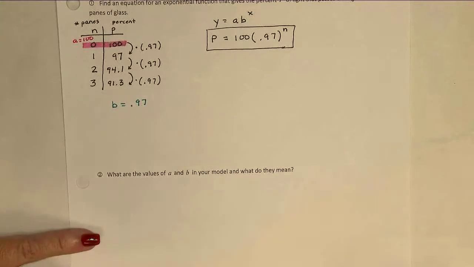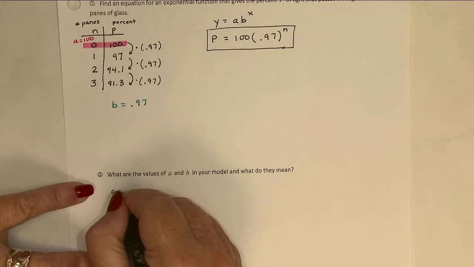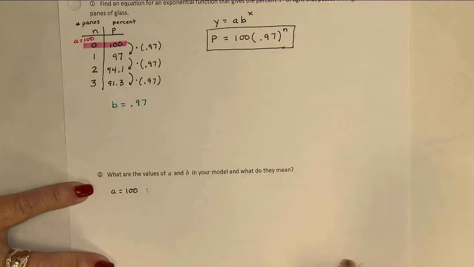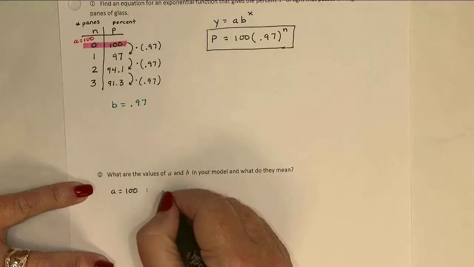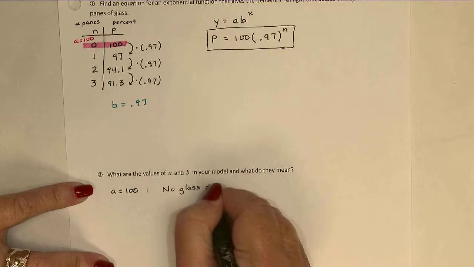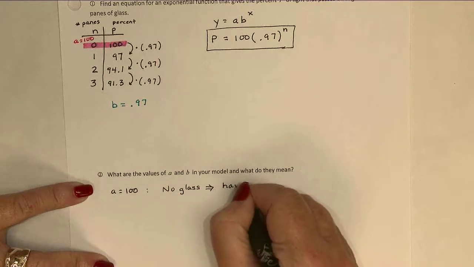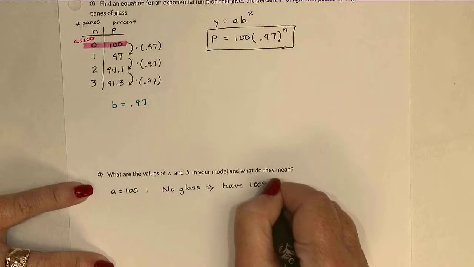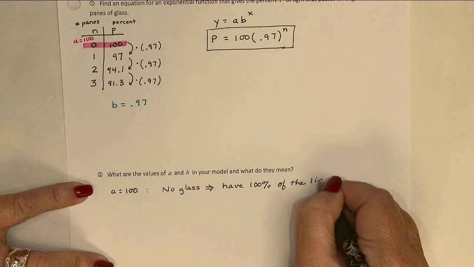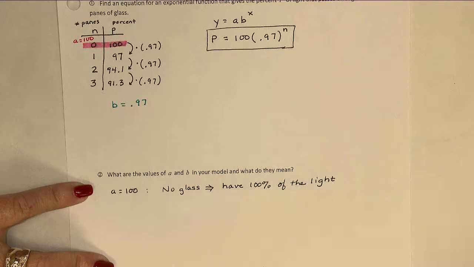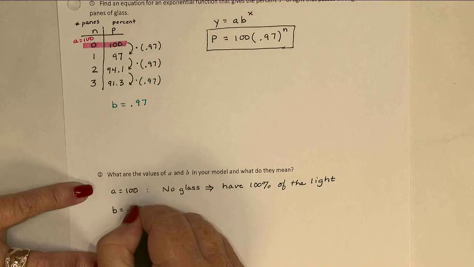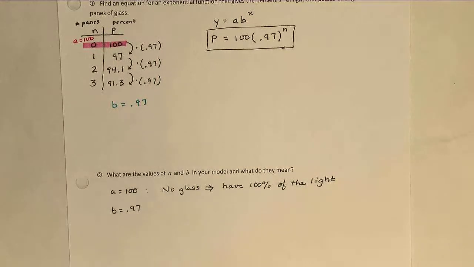All right, our A was 100. At the beginning, which in this case is no glass, we have 100% of the light. And the B is 0.97.